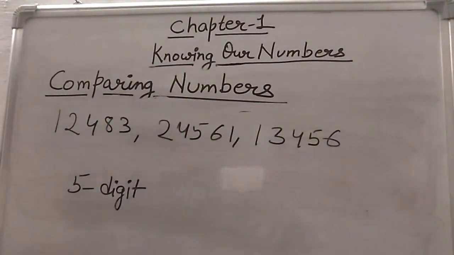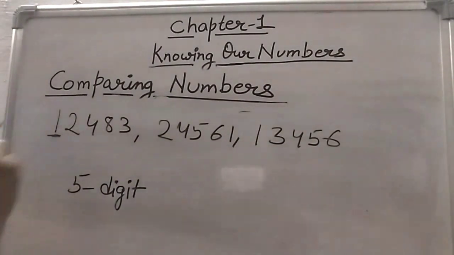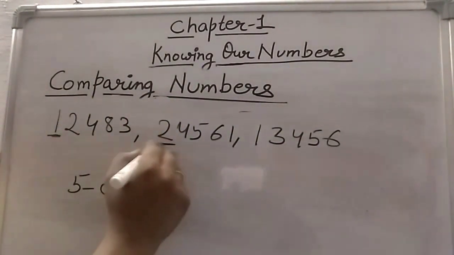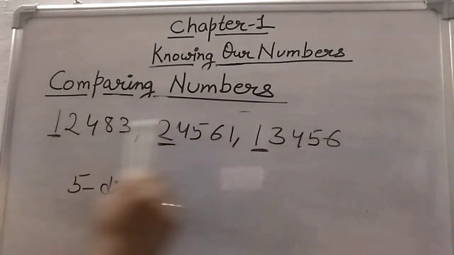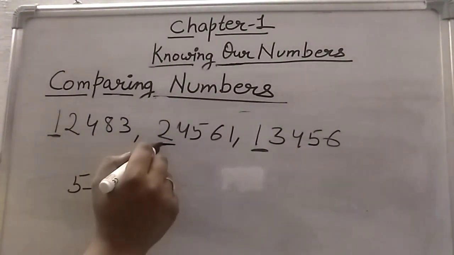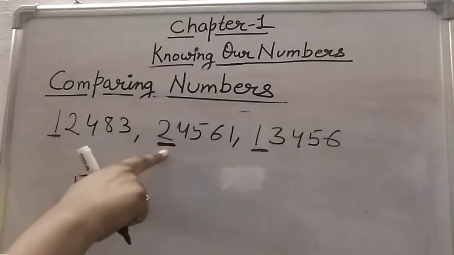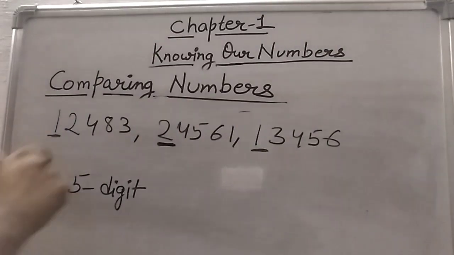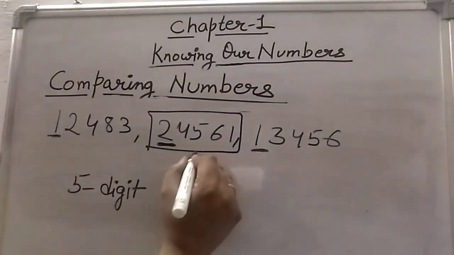So we will check the leftmost digit of all the three numbers. The leftmost digit of the first number is 1, second number is 2, third number is 1. Again, the first number and the third number have the same leftmost digit, so we cannot compare these two numbers by this digit. But the second number has leftmost digit 2, which is higher than 1. So this is the greatest number among these three numbers.